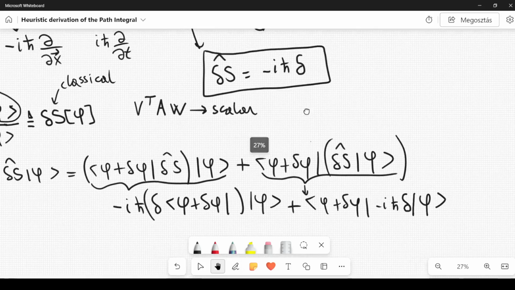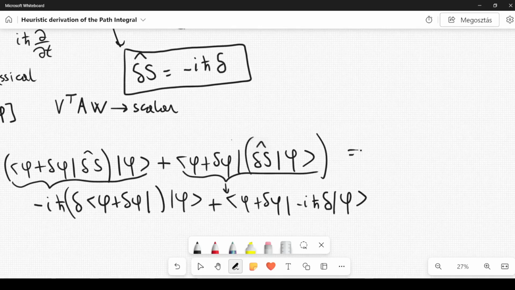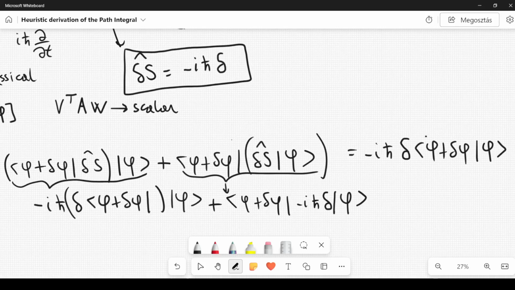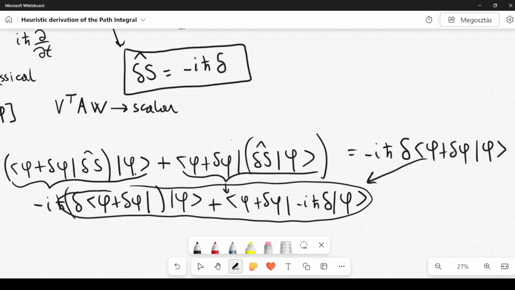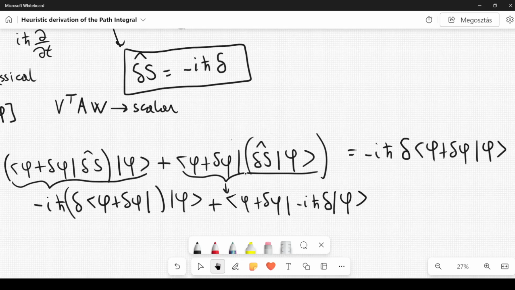So more compactly, you can rewrite this as minus i h bar times the change in the inner product of the state phi plus delta phi with the state phi. So when you act with delta on this inner product, you can split the inner product with the usual rules for derivatives. Simple as that.